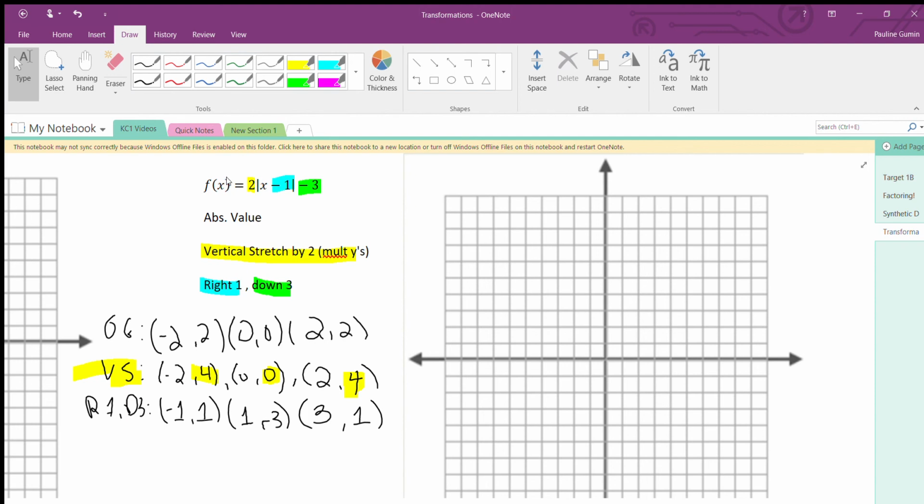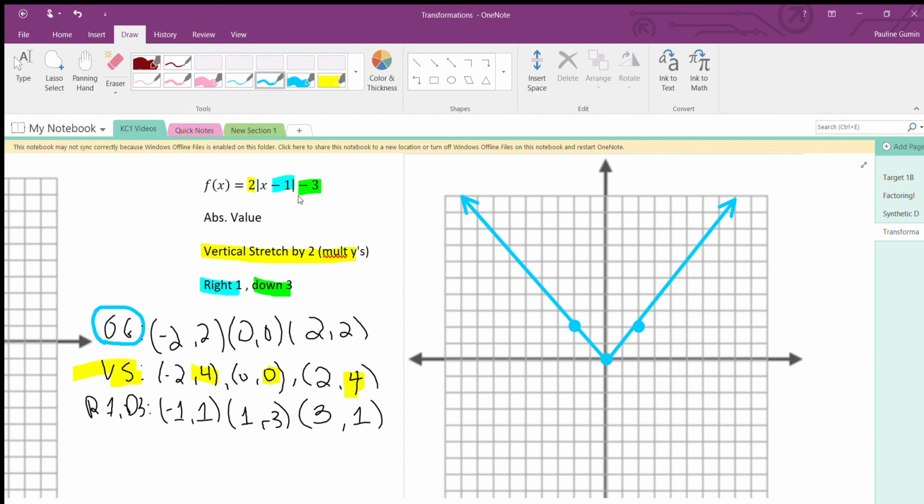All right, so those dots I picked last time are huge. That's okay. -2, 2, 0, 0, 2, 2. All right, let's graph this beautifully. Since these are straight lines, I could actually use this. Okay, so that's our original one.